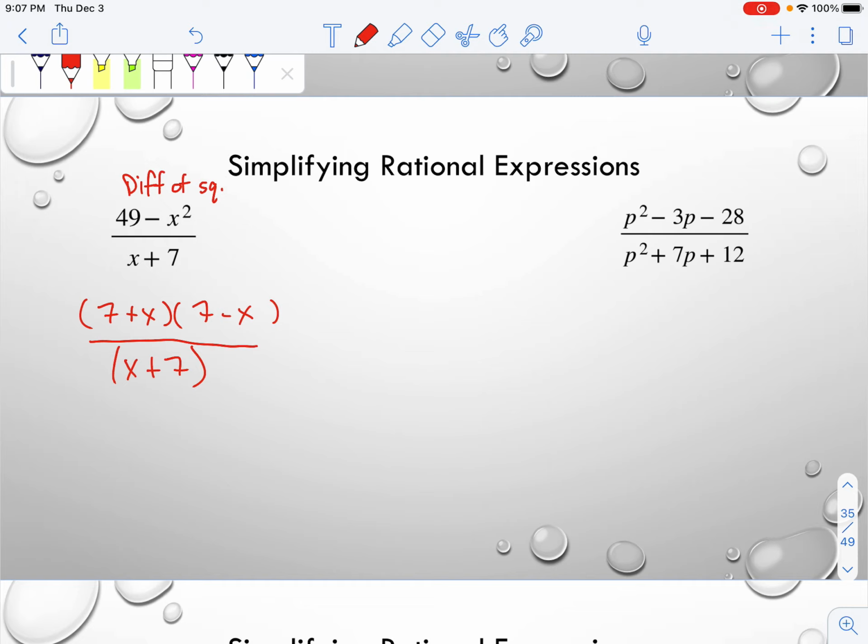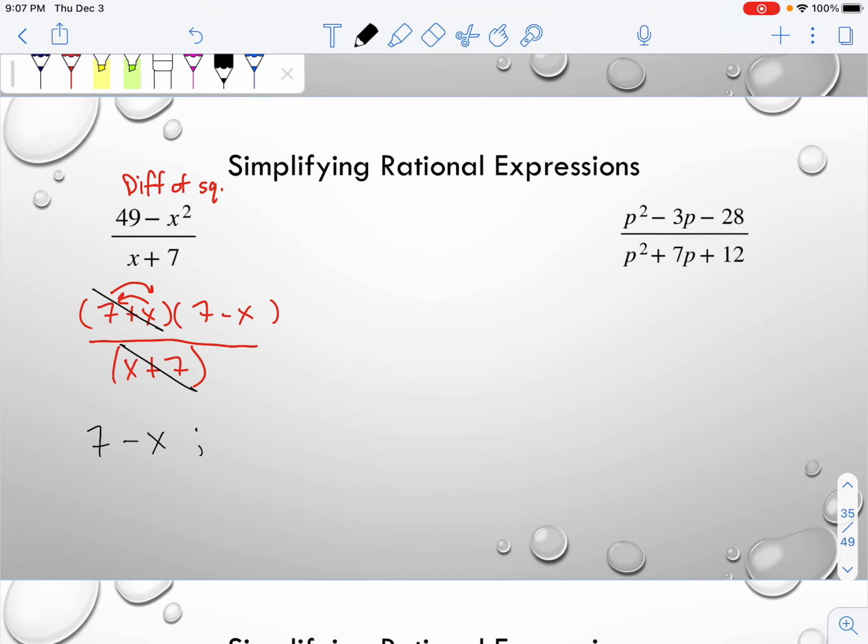Now we're looking for the same thing on the top and the bottom. This is where that giant 1 comes into play. The order doesn't matter. We can flip-flop these, x plus 7 is the same as 7 plus x, and I have that common factor in the denominator, so I can eliminate those, because that's like multiplying by 1. So your final answer here would just be the quantity 7 minus x.